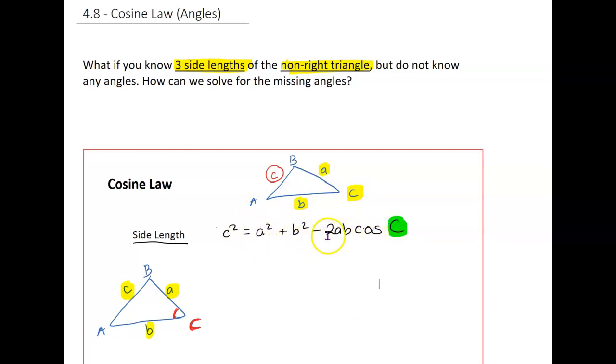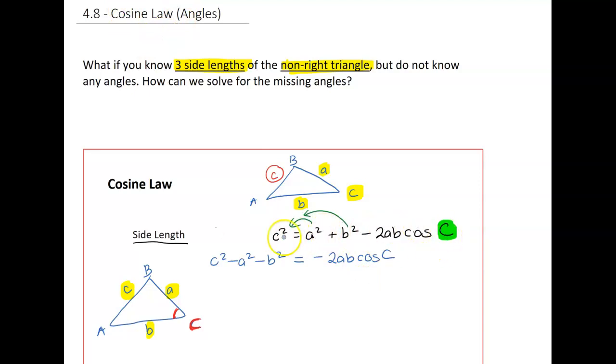These are being added and subtracted to the angle C. So we're going to get rid of it by moving it to the other side. So when we do that, we're going to end up with c squared minus a squared minus b squared. And then on the right side of the equal sign, we'll have negative 2ab cos c.